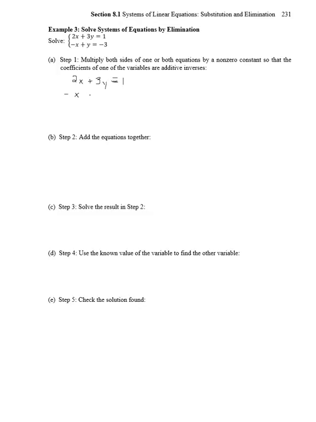So in this case, we have 2x plus 3y equals 1, and we have negative x plus y equals negative 3. So additive inverses are two numbers that add together to be 0. So 2 and negative 2, 4 and negative 4. So in this case, if we look at our two equations, we see that the x variable in the second equation is already negative.